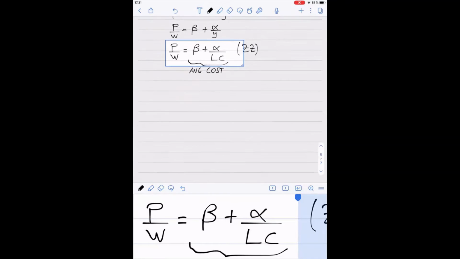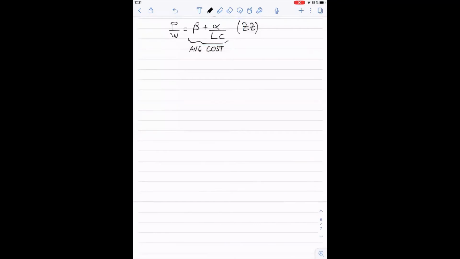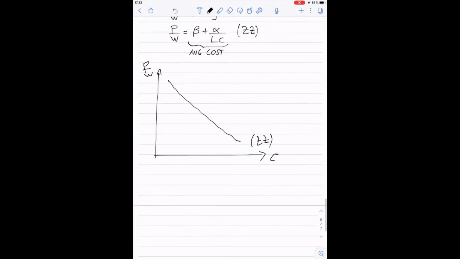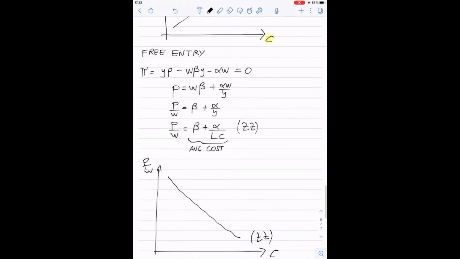Now, what does this relationship look like on the plane that we drew before? Well, we have the C and P over W. In this case, P over W is declining in C. So if we combine ZZ with the PP curve that we drew before, we find our equilibrium.